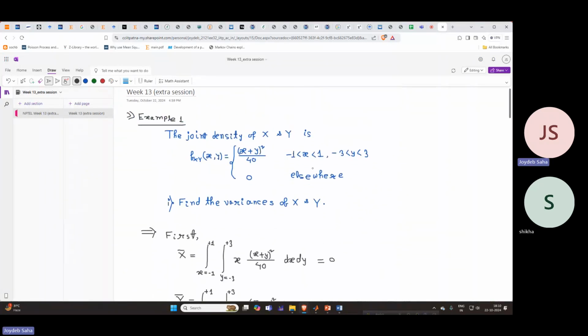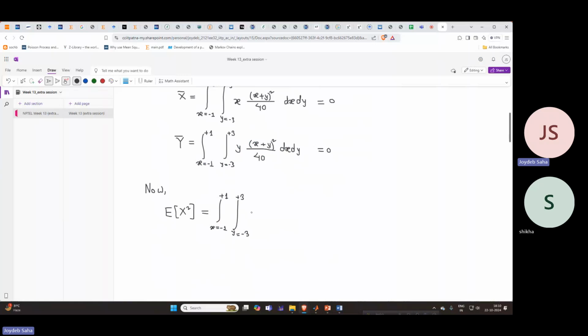Value is given here, right? And it will be x square multiplied with x plus y whole square upon 40 dx dy.